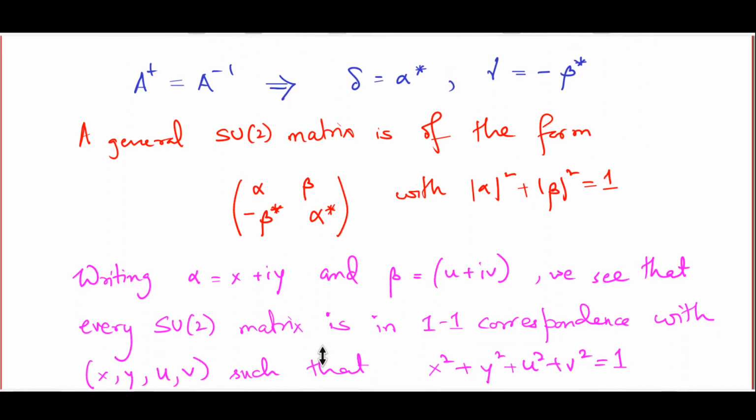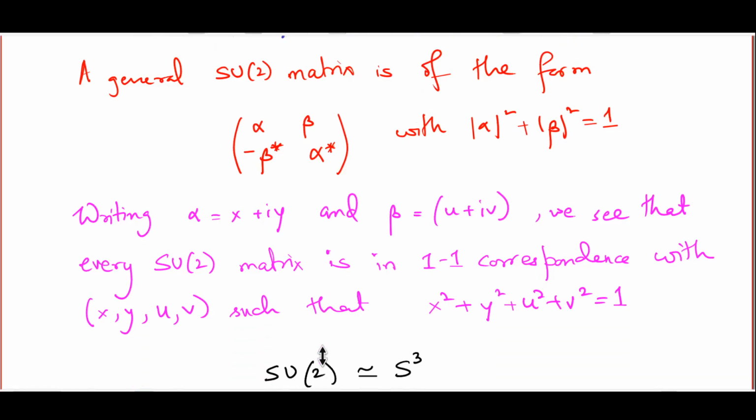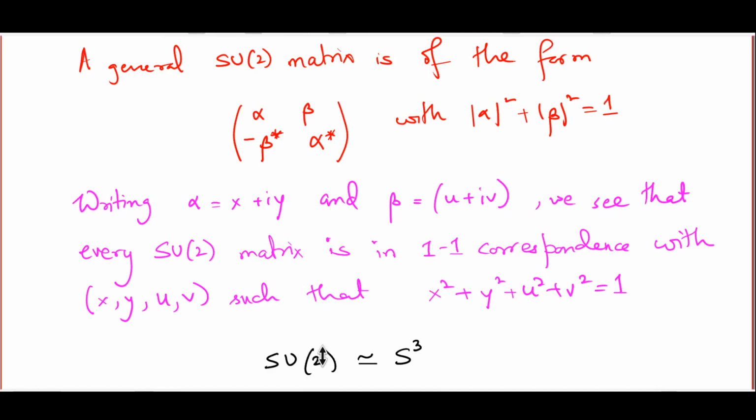You can simply change this to a real parameterization just by expressing alpha and beta in terms of their real and imaginary parts. So if you write alpha as x plus iy and beta as u plus iv, then all we see directly is that every SU2 matrix is in one-to-one correspondence with the set of numbers x, y, u, v, but with the restriction that x square plus y square, that is alpha mod square, added to u square plus v square, beta mod square, gives you 1.